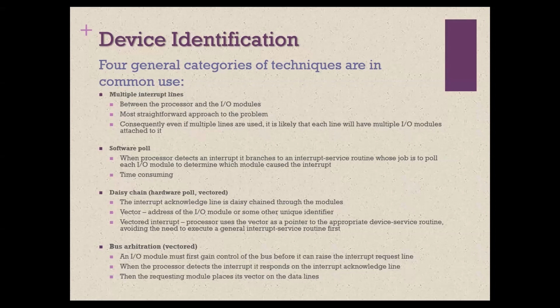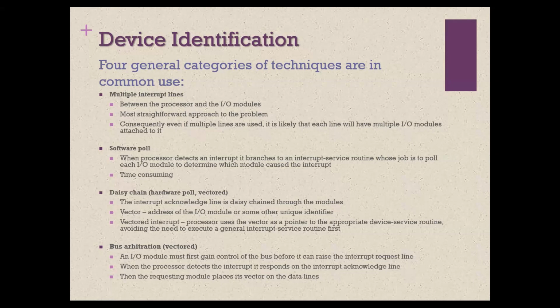So the aforementioned techniques serve to identify the requesting I/O module, and they also provide a way of assigning priorities when more than one device is requesting interrupt service. With multiple lines, the processor just picks the interrupt line with the highest priority.